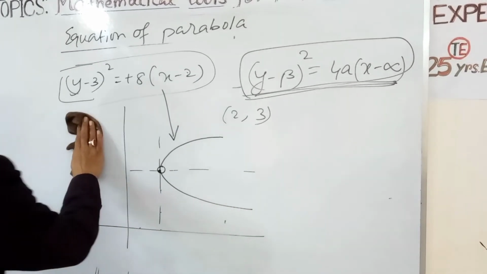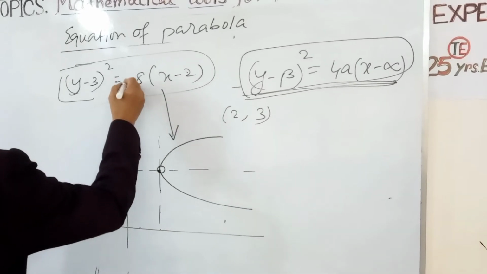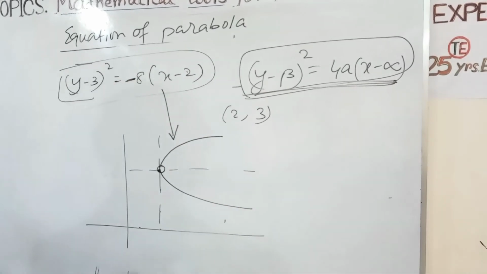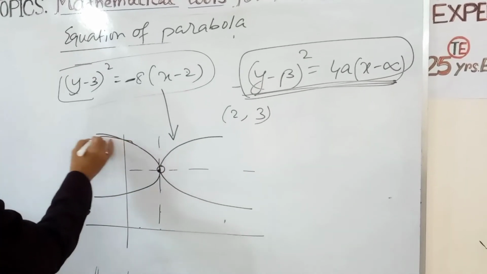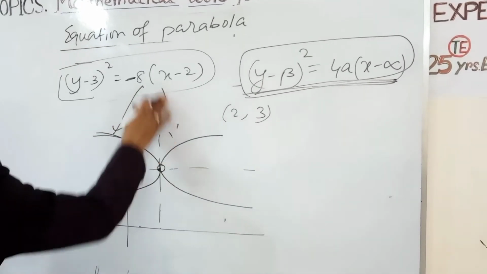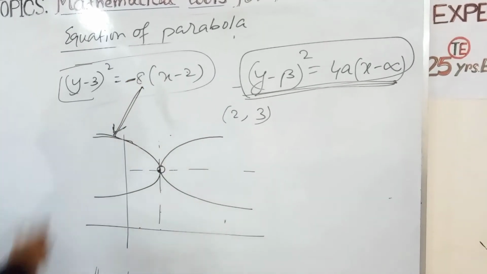Next, if it is given that it is minus 8, then the opening will be along the negative x-axis. So this is this. Now the figure will be this.